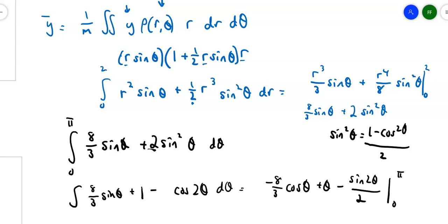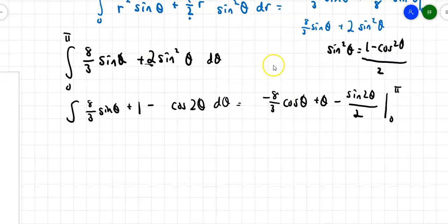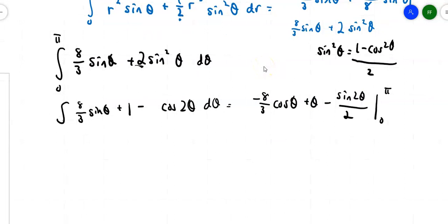We're going to evaluate this at 0. Cosine of pi is negative 1. Negative 1 times negative 8 thirds is positive 8 thirds. If I substitute a pi in for that theta, I just get pi. What's the sine of 2 theta? The sine of 2 theta is just 0. Okay, so that's the first half.